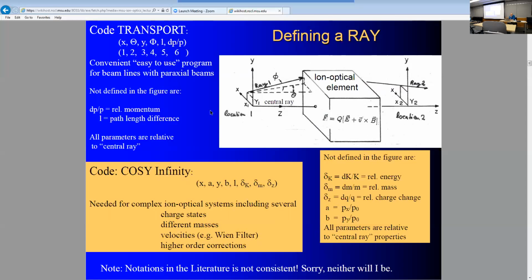Now what COSY adds to the parameters in transport, the simple version is the mass, so dm over m, relative to the mass of the central particle, and the energy. And of course, delta K is for us the change of the energy.